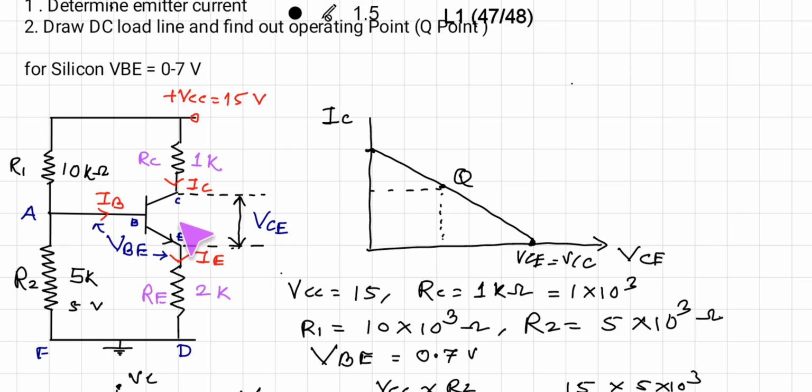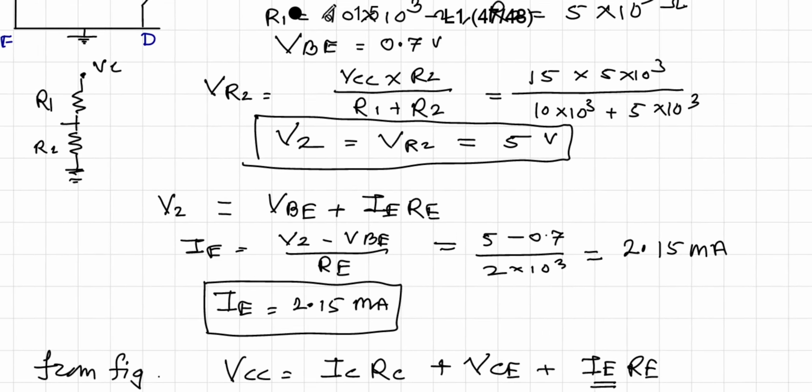It is fully forward biased, so there is no potential drop across this, only the two resistances RC and RE remain in the picture, and therefore the collector current IC is equal to VCC upon (RC plus RE). That is the second point which we get to plot the load line, and by connecting these two points we get the load line.